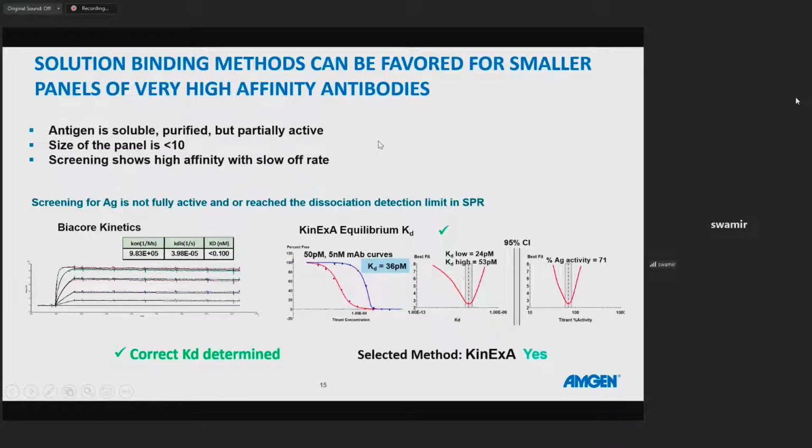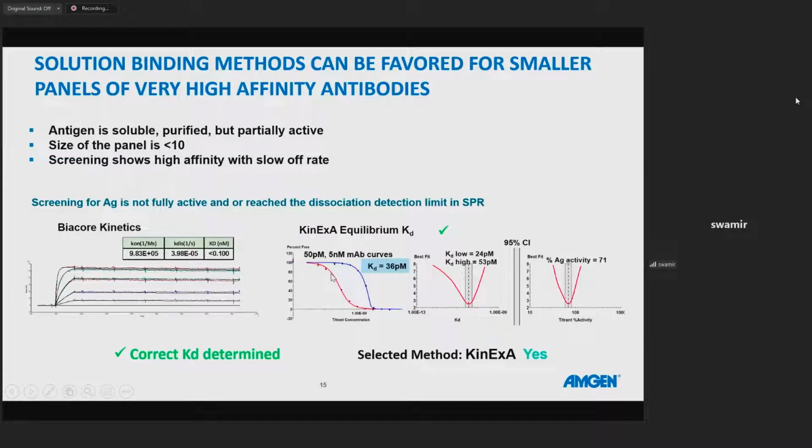If the material is soluble but only partially active, and the panel size is not in the hundreds, and also if molecules have a very slow off-rate, say even after 30 minutes you are not getting a good off-rate, then for those kinds of molecules we use KinExA to generate binding curves, one with antibody taken at KD concentration and another at higher than KD concentration, titrating the antigen.